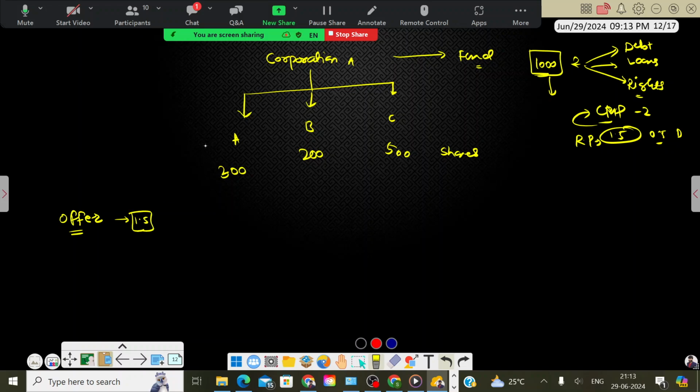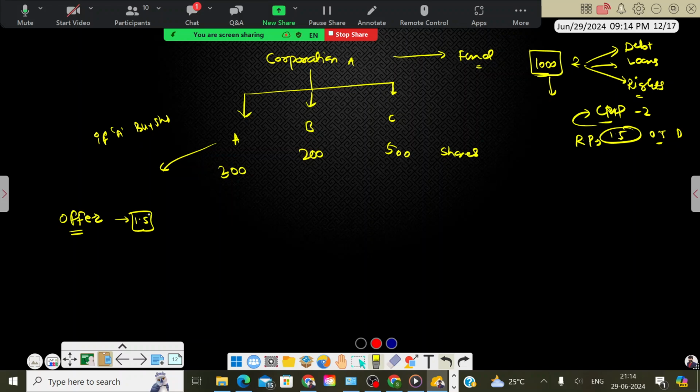It means if an investor buys shares, the company will sell the shares at 1.5 rupees, and this would be add-on capital. If the company wants to raise additional capital, then the company can come up with different plans.